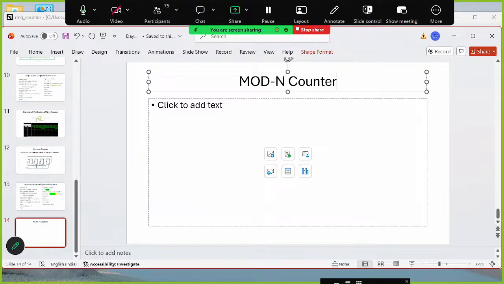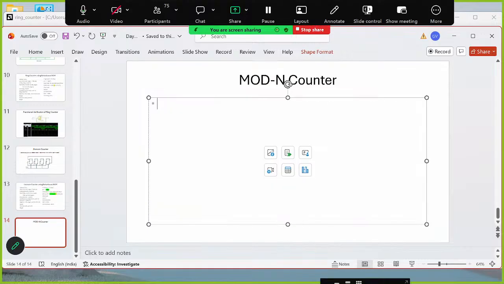If you use three flip-flops, then you can go maximum up to eight counts. Similarly, four flip-flops can go up to 16 counts. But if you want to truncate this count at five or six, that would be termed as mode 6 counter or mode 5 counter. Suppose you are designing a mode 10 counter.